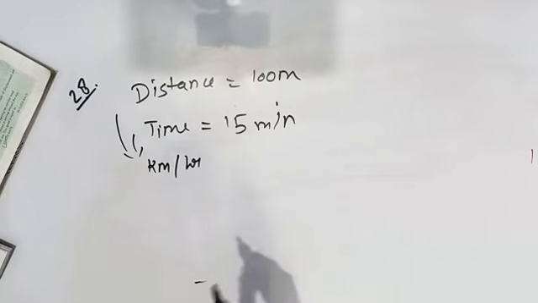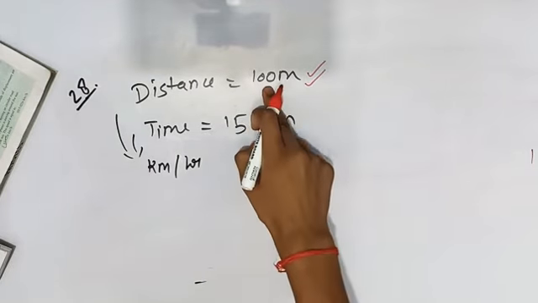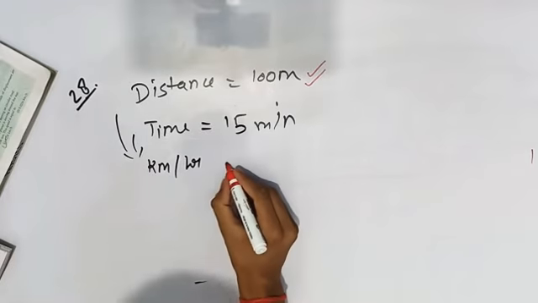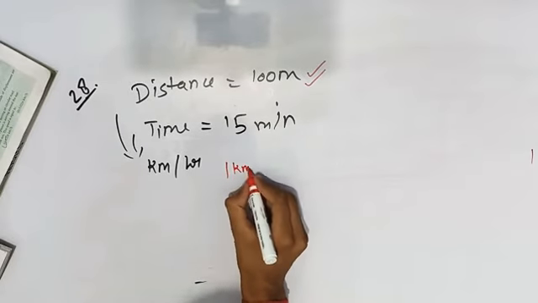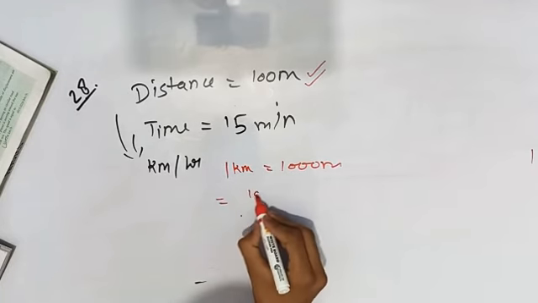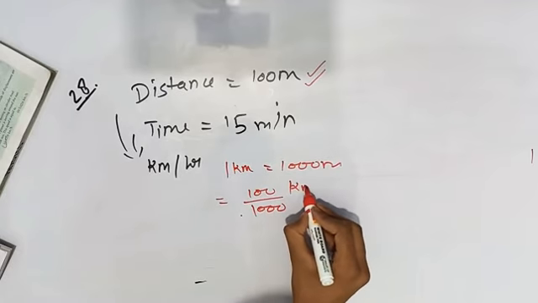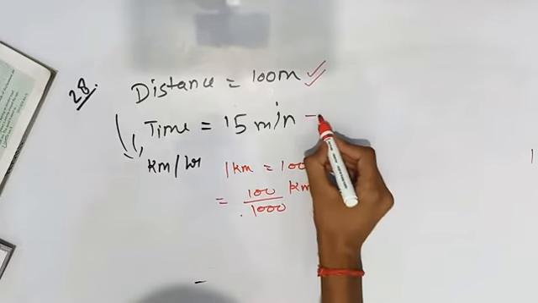I have told you how we will convert. It is given in meter, so we will first convert this into kilometer. In 1 kilometer there are 1000 meters, so we will divide by 1000, giving 100 upon 1000. It converts into kilometer, and now we will deal with the time.